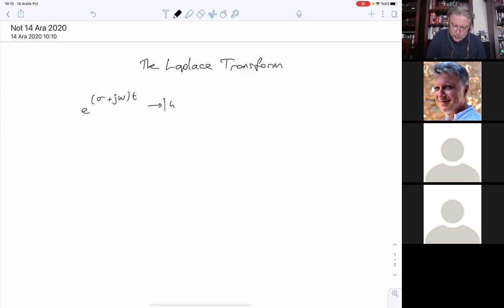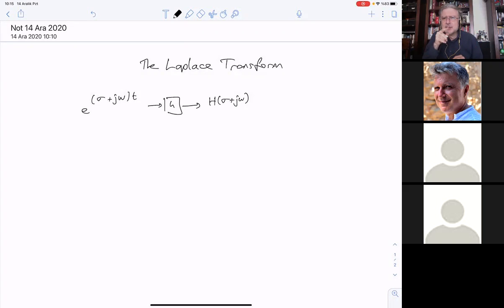When it goes into an LTI system, the output will be something which is related to this complex number. It's in the form of an integral, by the way.